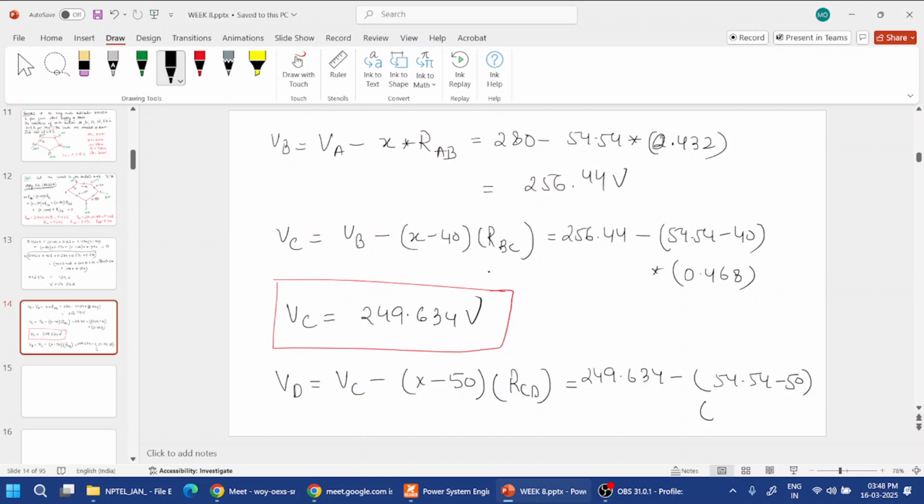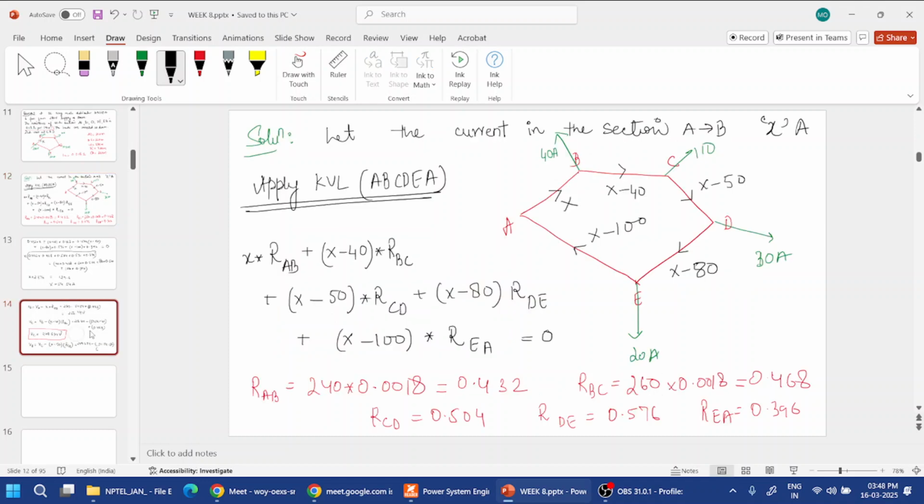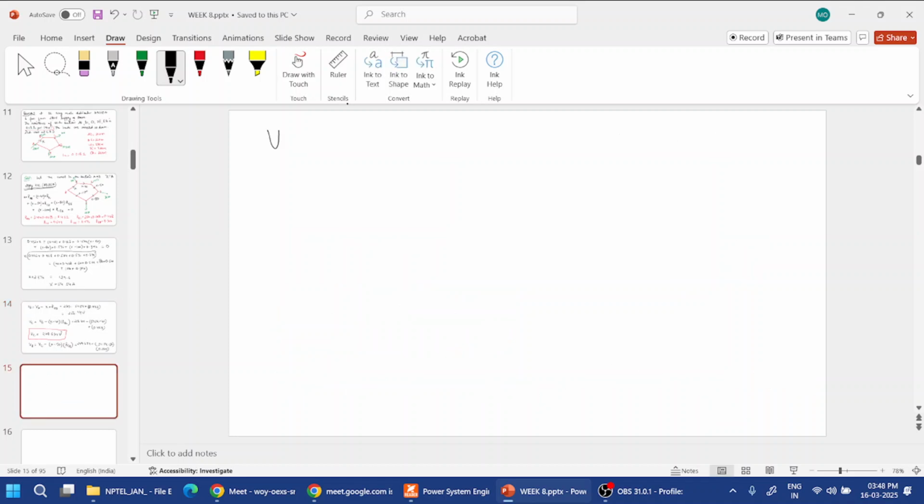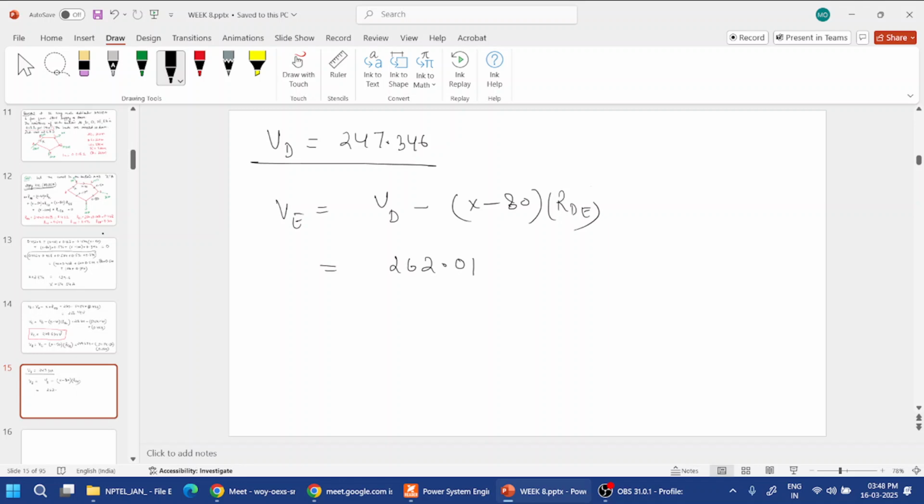RCD we just calculated, 0.504. So if we calculate VD, it comes out to be 247.346. We can also calculate VE, which is VD minus X minus 80 into RDE, and it comes out to be 262.01 volt.